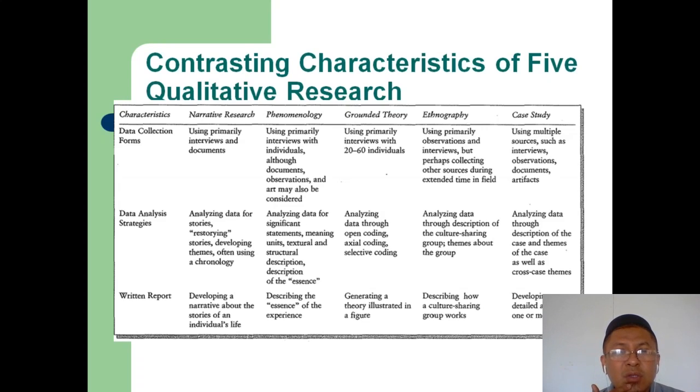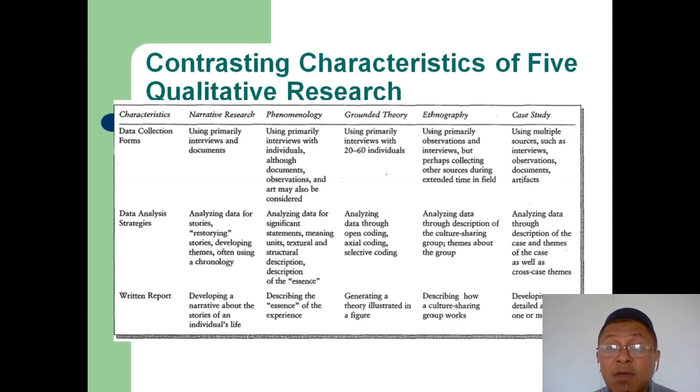Normally, for grounded theory, a focus group is not very suitable, but for phenomenology it is quite suitable to use a focus group when your unit of analysis involves a group. Otherwise, face-to-face interview is very appropriate, and document review.